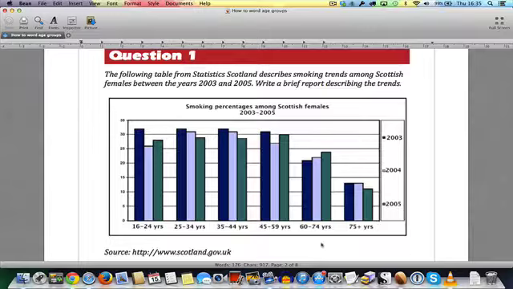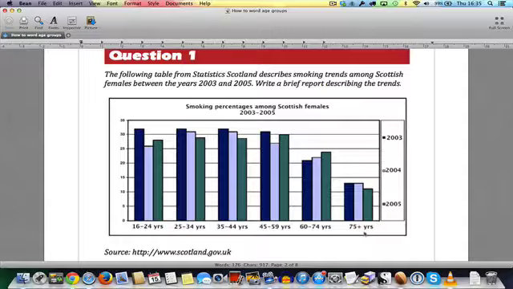And the data is organized by age groups. So we have 16 to 24-year-olds, 25 to 34-year-olds, 35 to 44-year-olds, 45 to 59-year-olds, 60 to 74-year-olds, and those women that are 75 years and older.